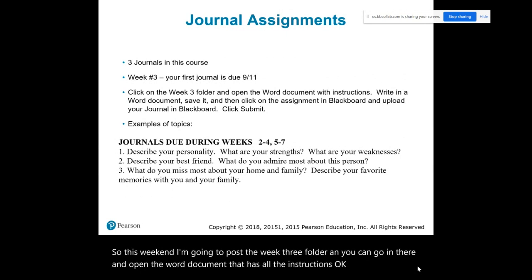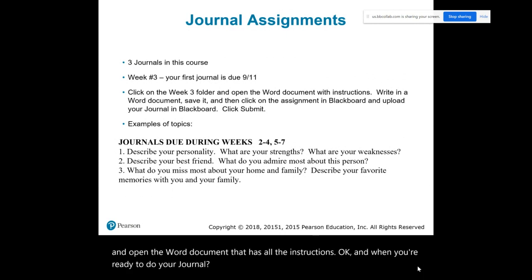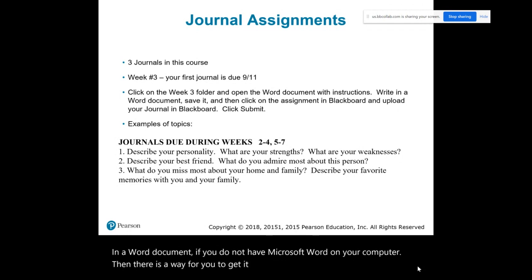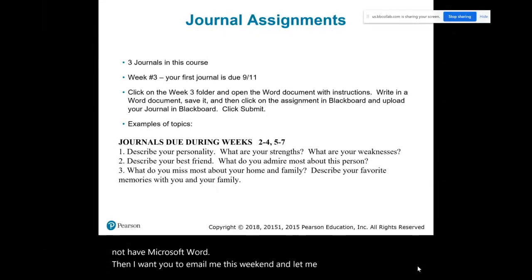And when you're ready to do your journal, you're just going to type a Word document. If you do not have Microsoft Word on your computer, then there is a way for you to get it for free using the TCC website. Okay, so if you do not have Microsoft Word, then I want you to email me this weekend and let me know that you need that.